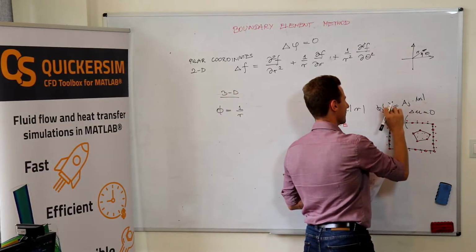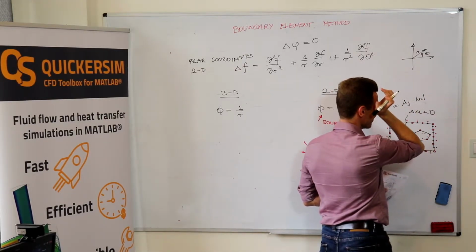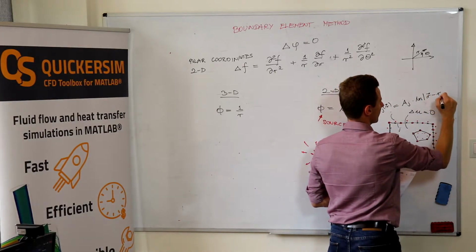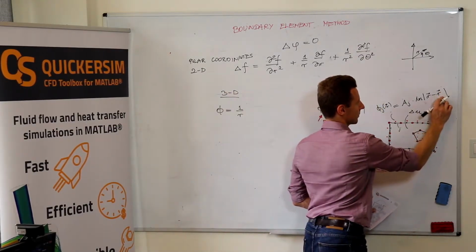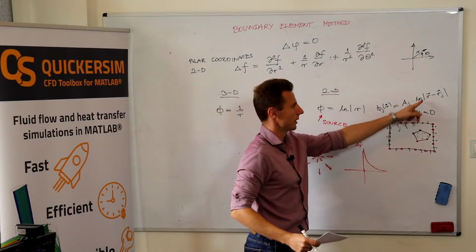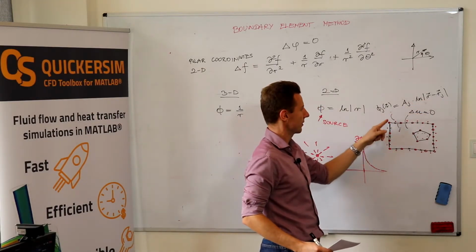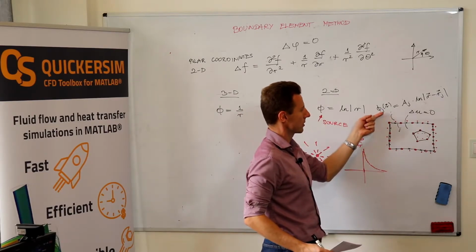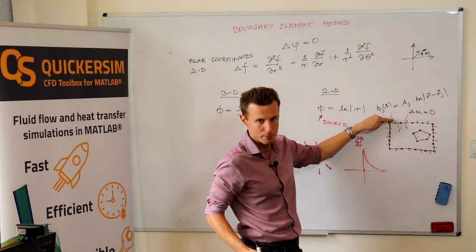Okay, differently. R. Do you understand that? It's the magnitude of the vector. So we need to associate these harmonic functions with a particular source point.